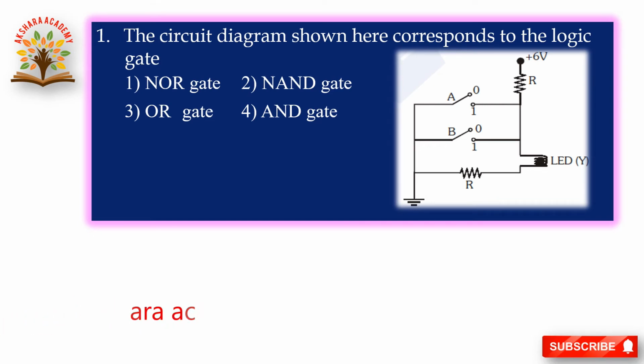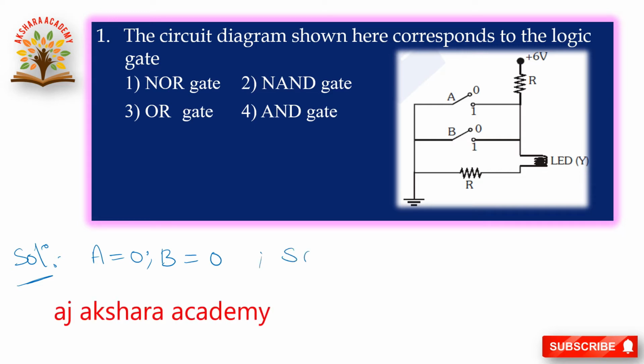Now, the first situation is when both switches are open. So that is A is equal to 0, B is equal to 0. Then current flows through the bulb and it glows. So output Y is equal to 1.